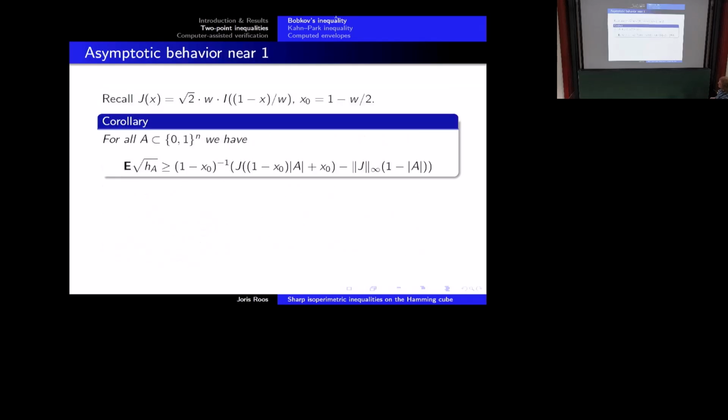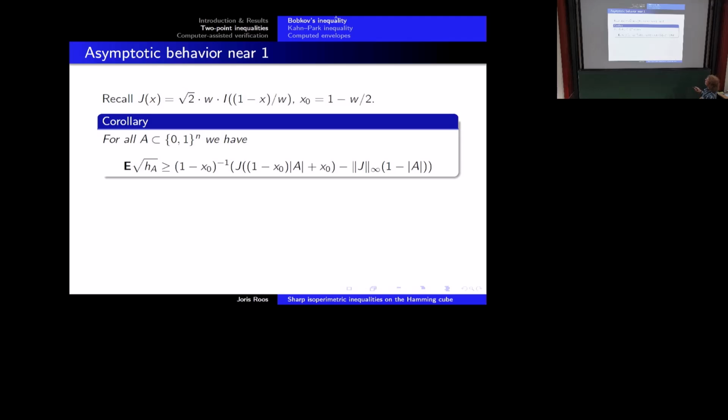Okay, so I said before that if you have a two-point inequality that doesn't hold on the whole interval, then it's useless, right? That's actually not quite true. You can rescale indicator functions to have values in the correct interval, and what you get is a very, very disappointing inequality, but it will be good near some point.